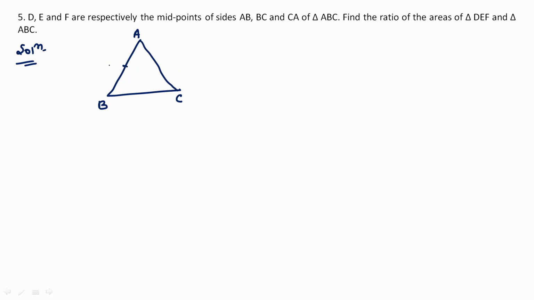D is the midpoint of AB, E is the midpoint of BC and F is the midpoint of AC. Join these lines. We have to find the ratio of the area of triangle DEF and triangle ABC.